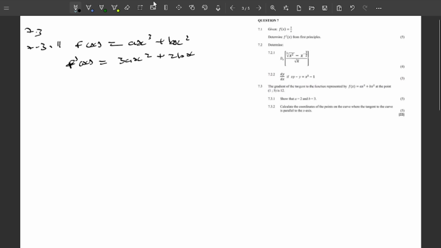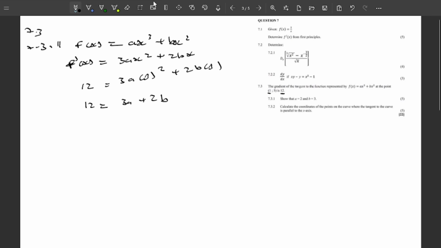Now after deriving it, remember they said the x value at the gradient 12 is 1, right? Here it is. The gradient is 12. So I can write 12 and also use the x value, because I said at the point (1; 5) the gradient is 12. So you can just do the math, and you should find 3a plus 2b.